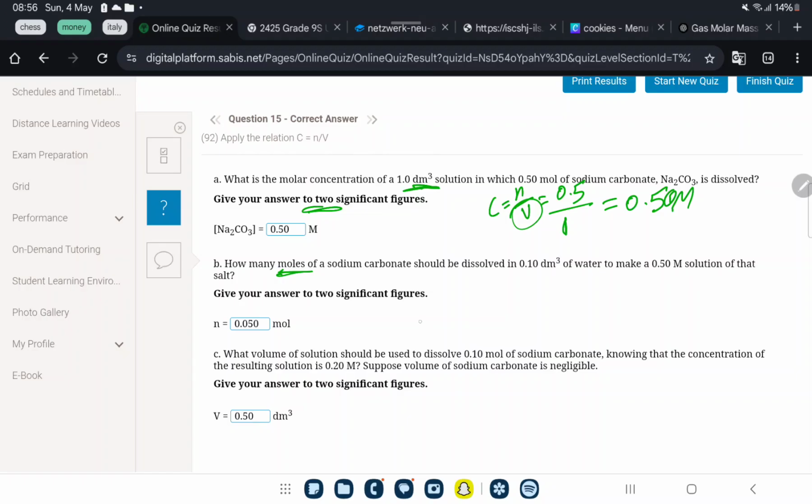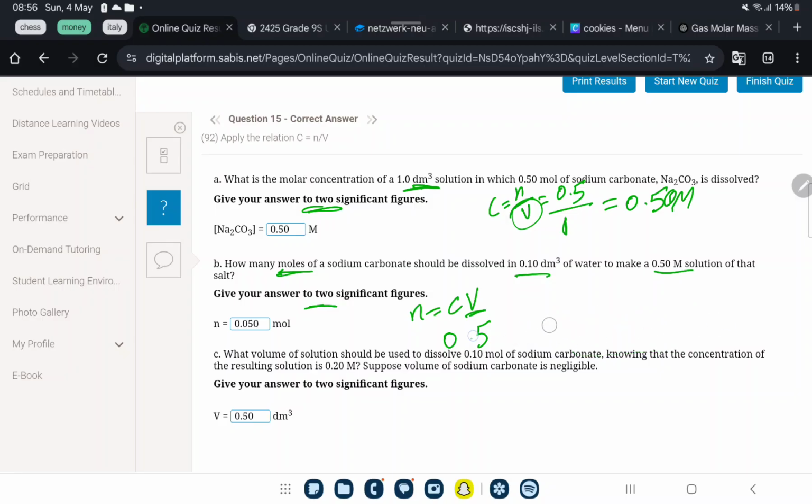But they want the moles, so n equals CV. So C is 0.5, V is 0.1. Put it in your calc. You get 0.005. Two significant figures, add a trailing 0, and it's 0.050.